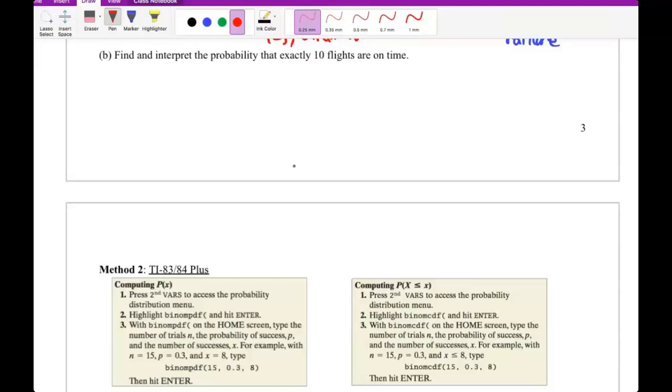Okay, part B, find and interpret the probability that exactly 10 flights are on time. I only want to find this part, so I'm not interpreting it. So finding the probability that exactly 10 flights are on time. This 10 is our x. So 10 flights out of 15 flights are on time. That's why this is x.